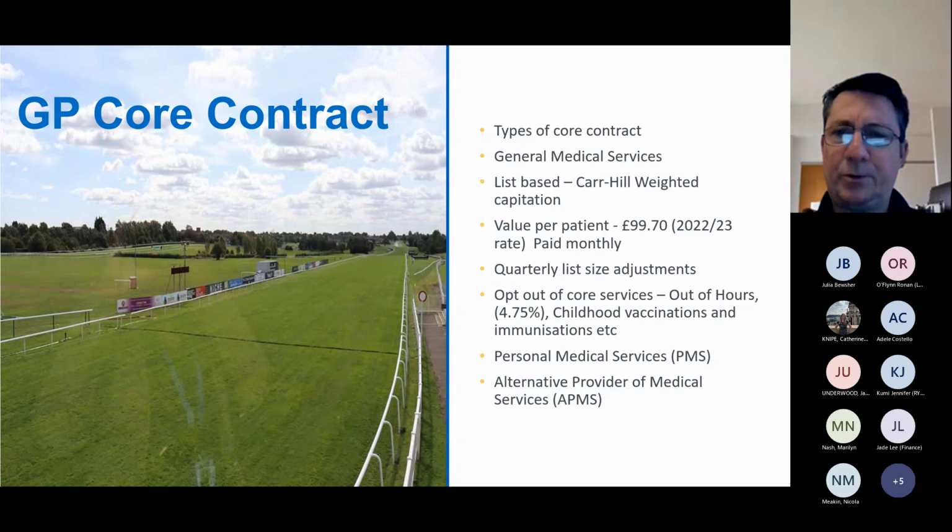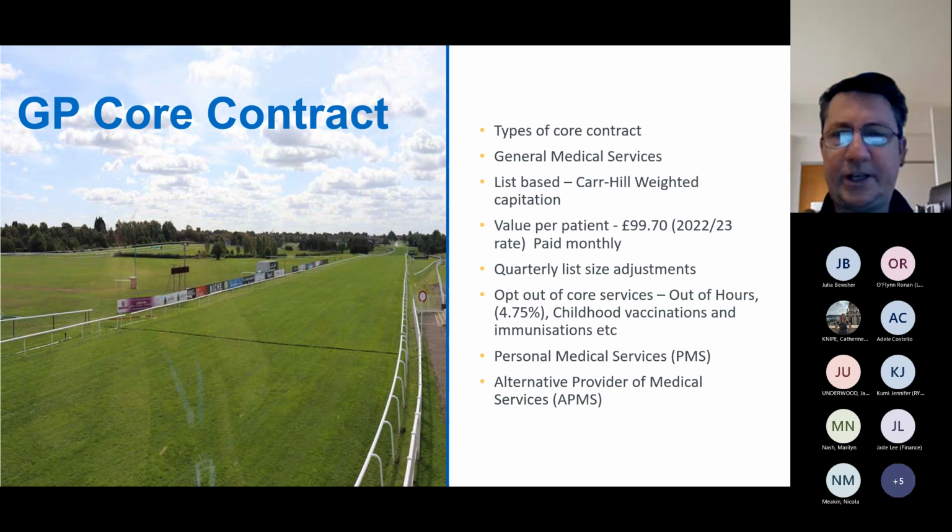So just to give you an example, the value per patient this year is £99.70, and that's paid monthly, but that's the annual figure, £99.70. So it's that multiplied by the number of patients you have in that Carr-Hill weighted capitation. The list size is adjusted quarterly, and for many it doesn't change much, but it might change a few.